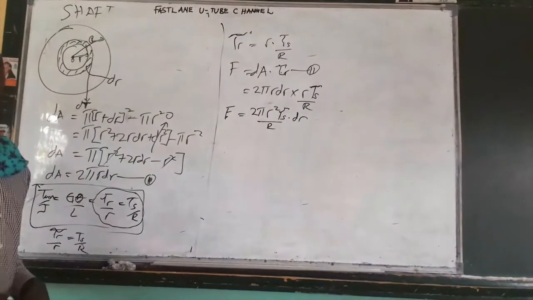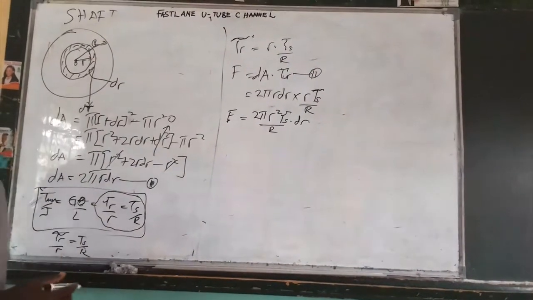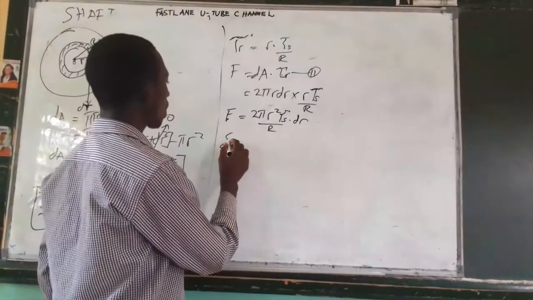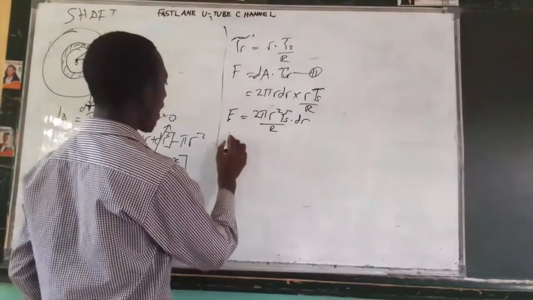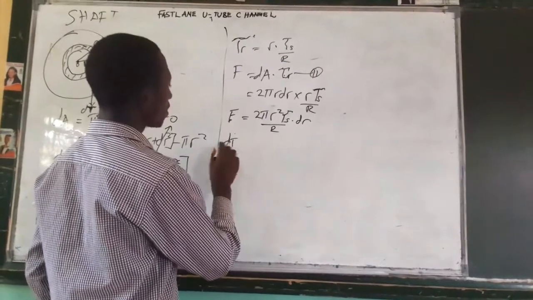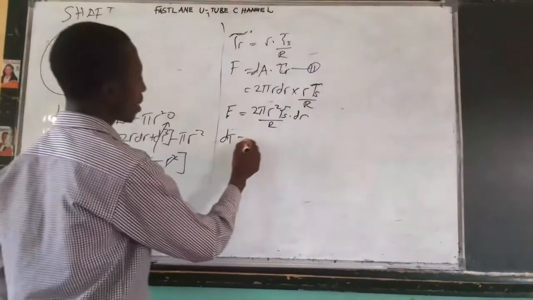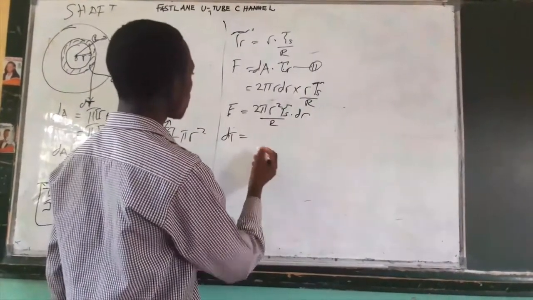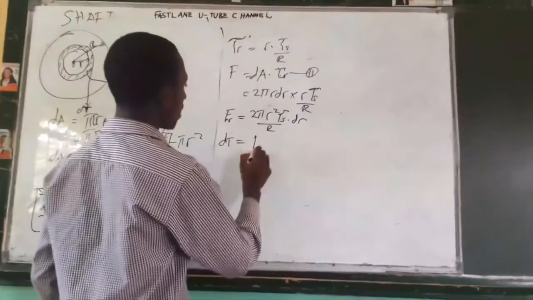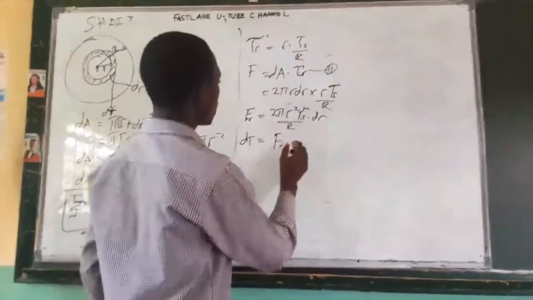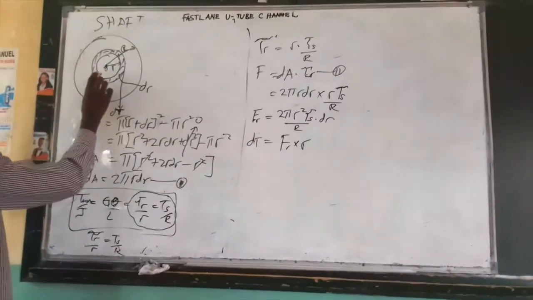Now, remember our aim is to get the torque acting at the element. The small torque acting on the element is given by the tangential force on the element times the perpendicular distance from the center, which is r.